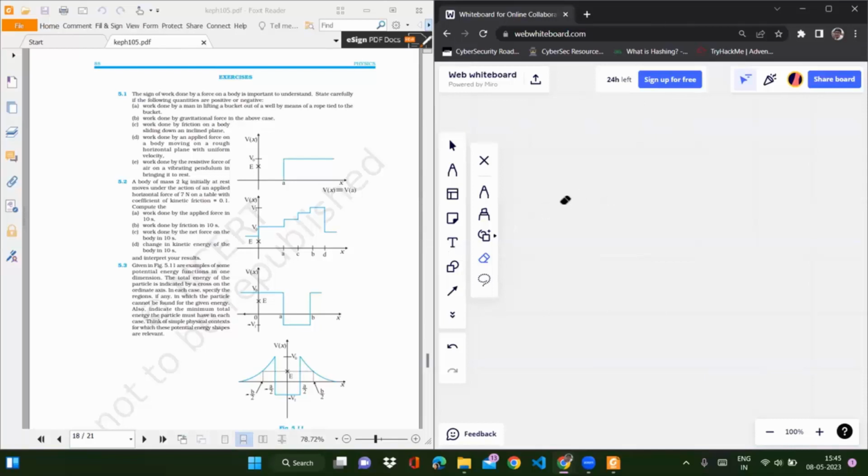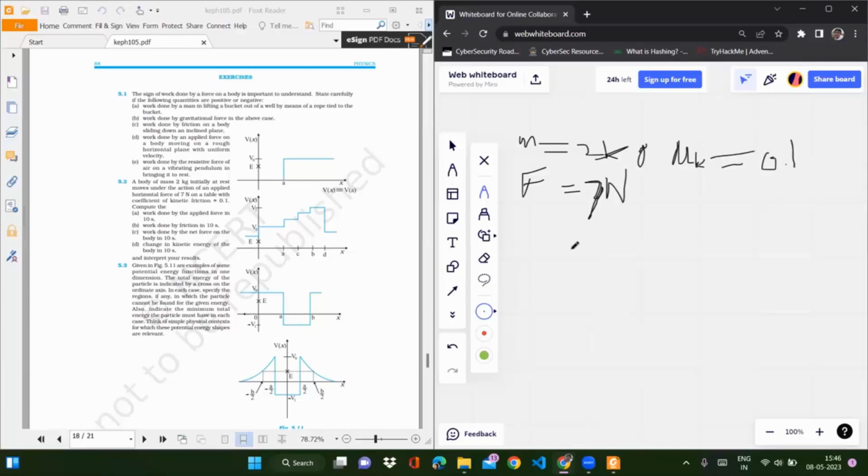The body has mass m equal to 2 kg, the force applied is 7 Newton, and the coefficient of kinetic friction, mu k, is 0.1. Now we have to compute some work done in this case.